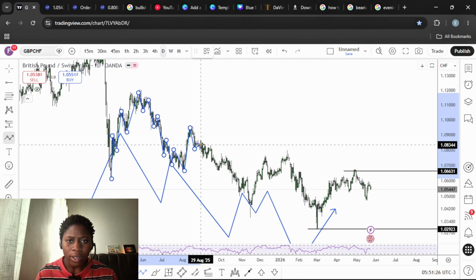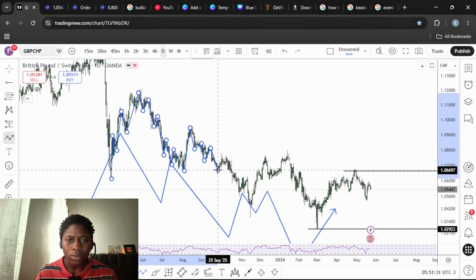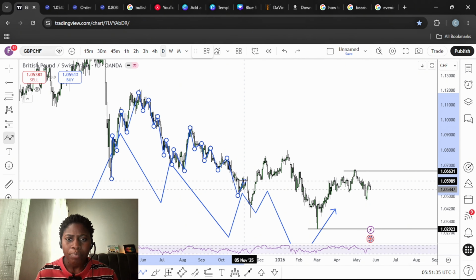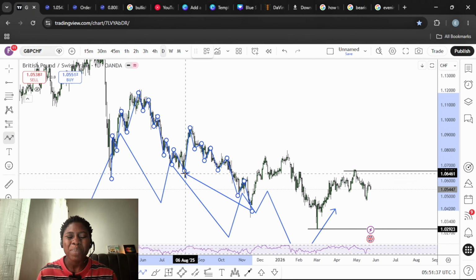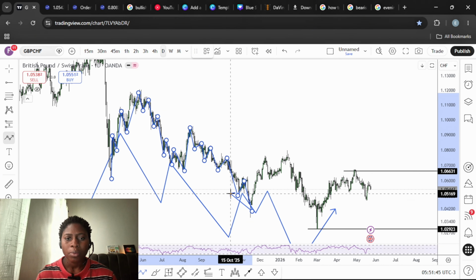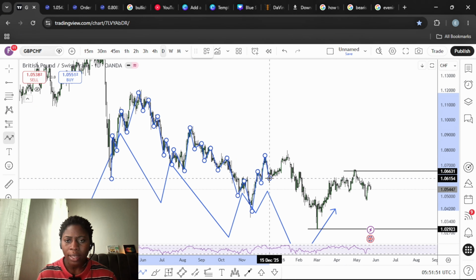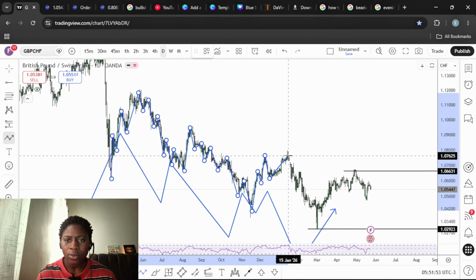And then the market started making lower highs again and lower lows, lower highs and lower lows. And boom, the market beats the previous major structure low, right? Which was this, by the way. So now the market started going up again, uptrend, higher highs and higher lows.